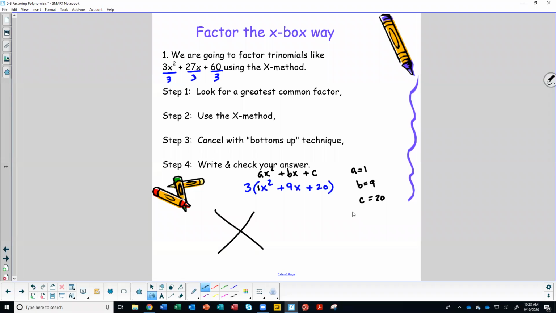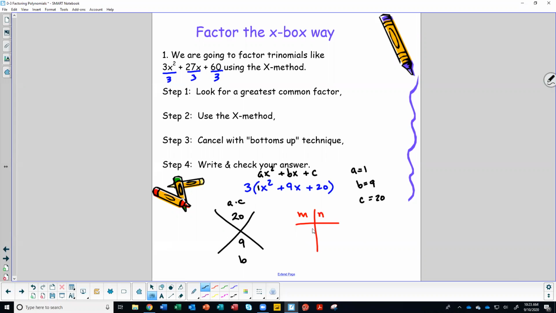So to get my solution, I multiply a times c for the top of my X, which is 1 times 20. I get 20. And the b value goes down below by itself, so b is 9. Now I'm looking for 2 numbers to fill in these 2 spots that'll multiply to be 20 and add to be 9. If I did a T-chart here, M and N, I like to do the ones that multiply first.